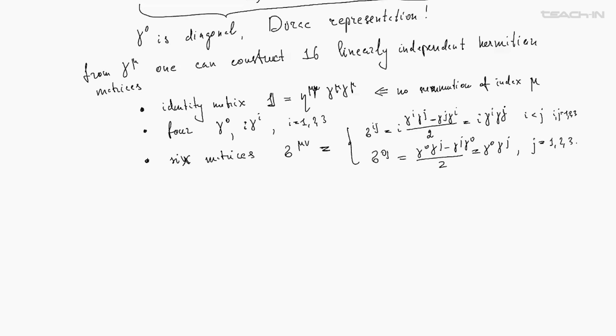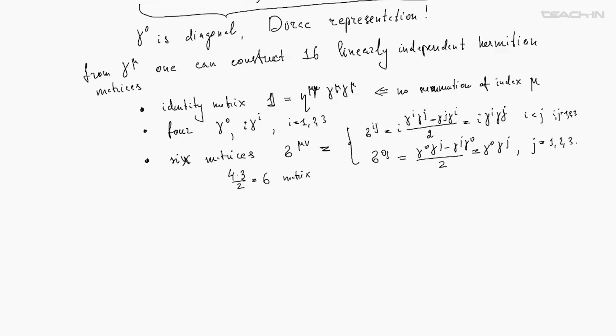They are skew-symmetric in indices mu and nu, and therefore you have 4 multiplied by 3 divided by 2, so 6 matrices in total, explicitly introduced by these formulas, which are essentially the product of 2 gamma matrices.